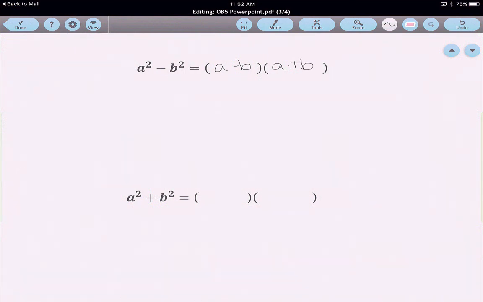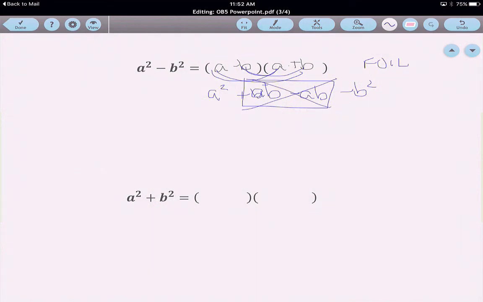And watch, this works because if we FOIL, we keep going back to this old habit here, we get a squared plus ab minus ab minus b squared. Well, look at these 2 terms in the middle, plus ab minus ab. So those are going to cancel each other out, and all we're left with is this a squared minus b squared.